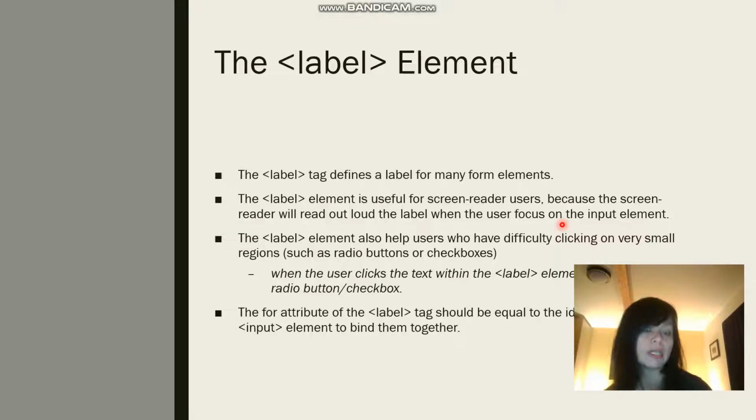It makes it a lot easier in terms of usability, okay? So make sure that the for attribute of the label tag is equal to the ID and name attribute in the input element to bind them together. Make sure that you have the same name, and that you didn't mess that up.